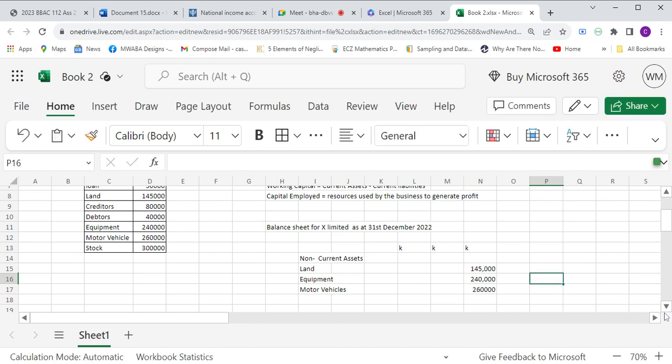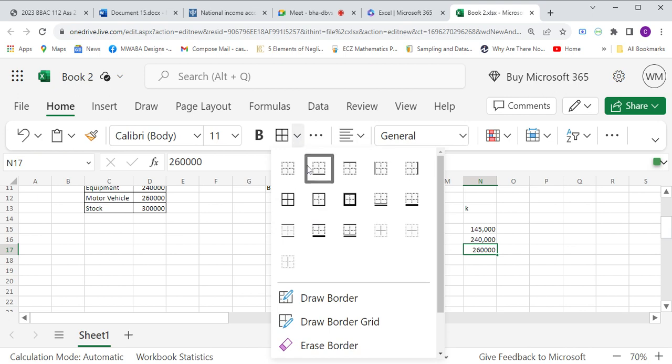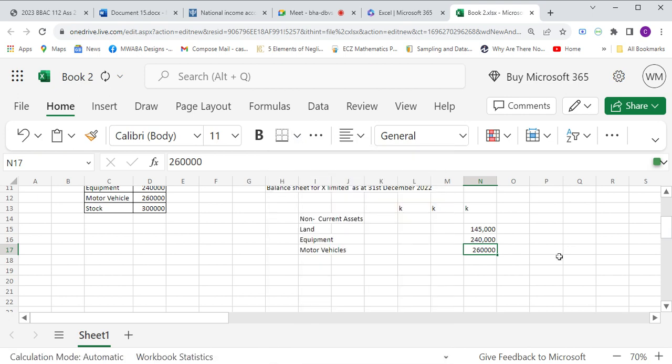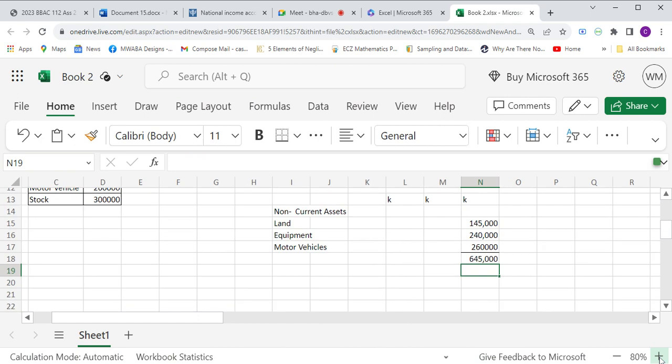All right, so we add up so that we get our total non-current assets. So I'm going to say 145,000 plus 240,000 plus 260,000 get 645,000.